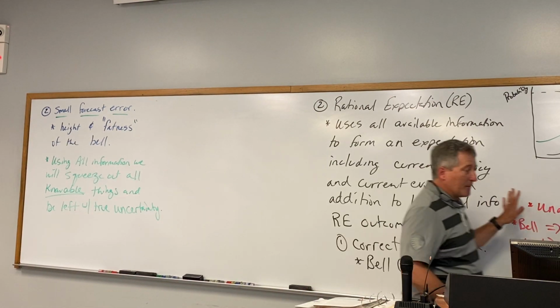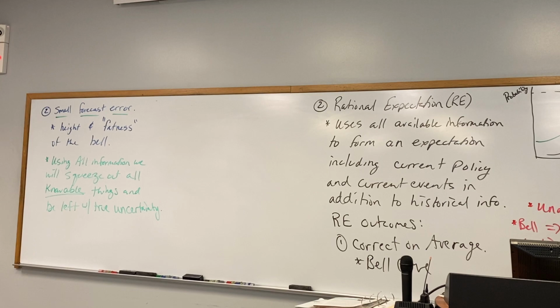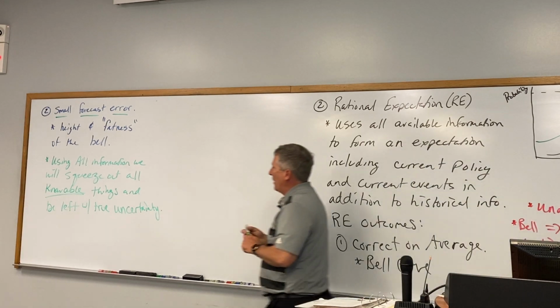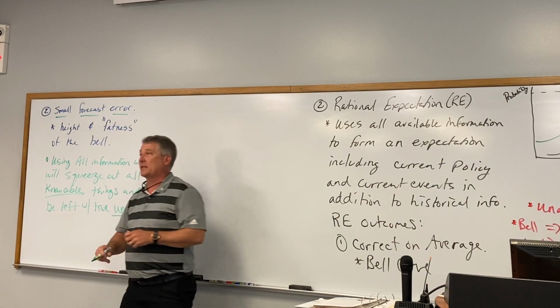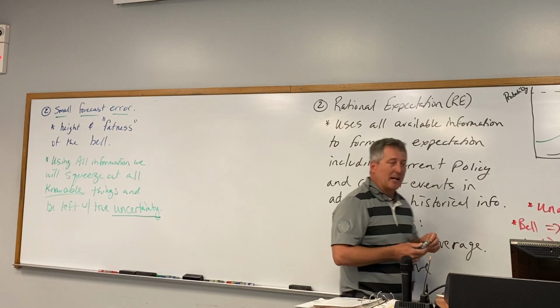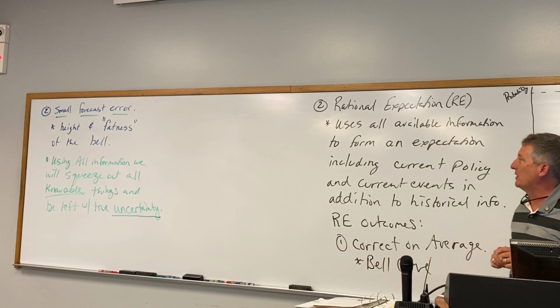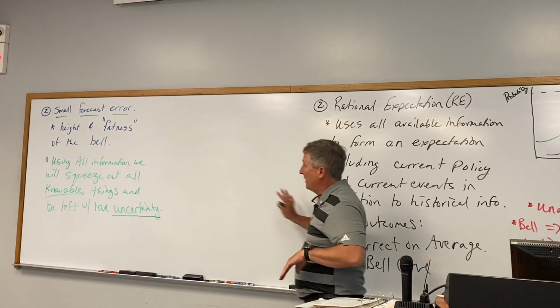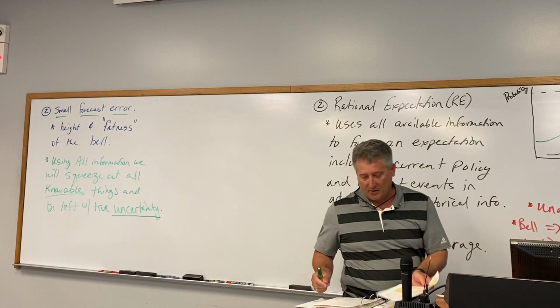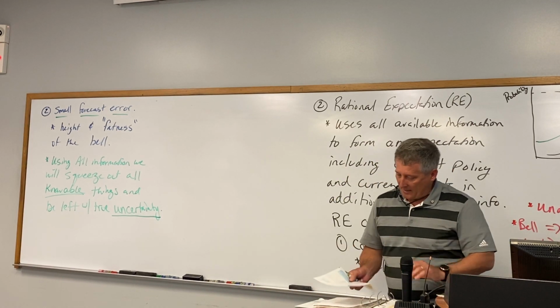If we're using all the information, it's like, well, can't we do better than this? The answer is no. Some things are not knowable, and that is what we call true uncertainty. So life is a risk, right? And so the best we can do is try to minimize some of that uncertainty.